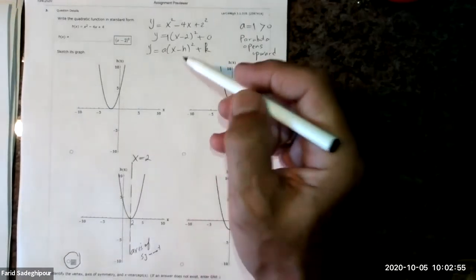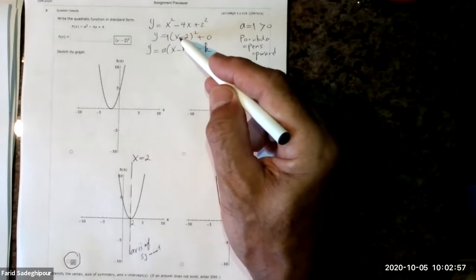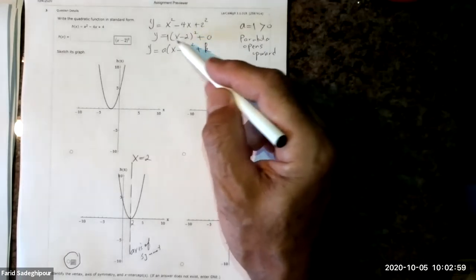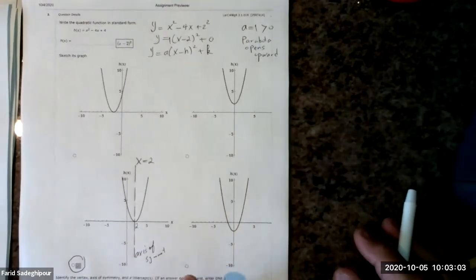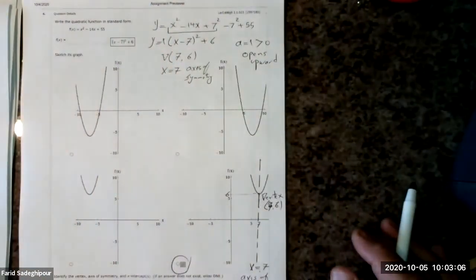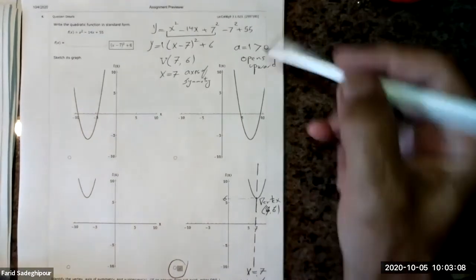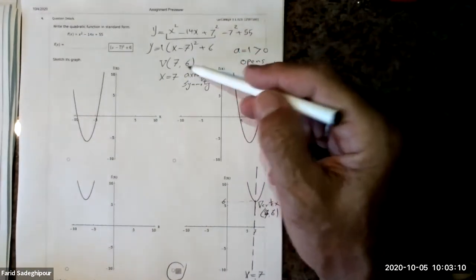Again, the axis of symmetry is the x value. So x minus 2, you set that equal to 0. x equals 2 is the line of symmetry. I'll show you how to use this formula.